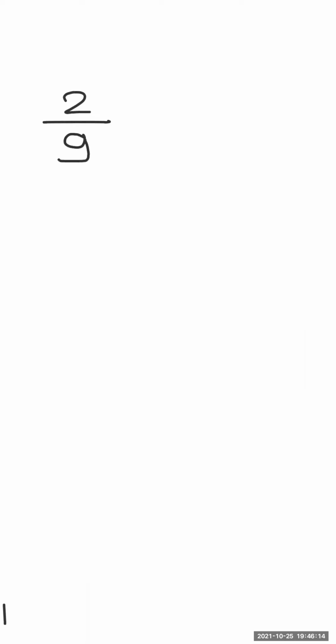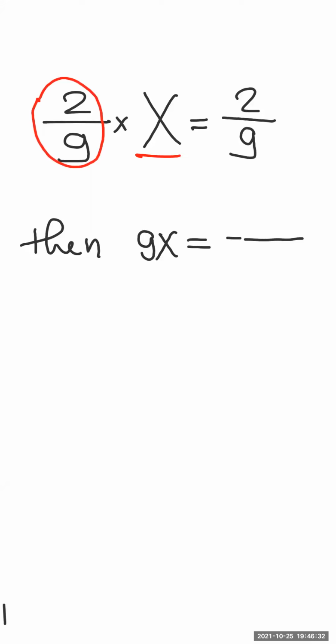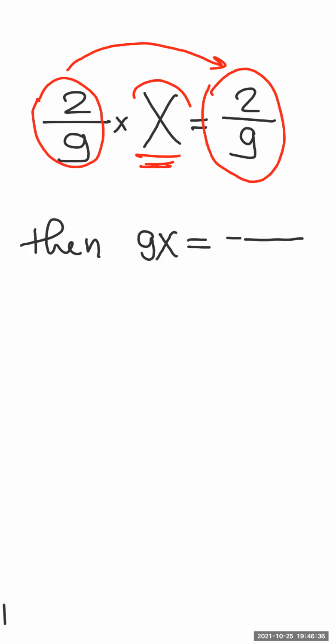The next question: 2 over 9 times x equals 2 over 9. Then what will 9x equal? Now, guys, 2 over 9 times this one equals 2 over 9 again, so it means x equals what? 1.